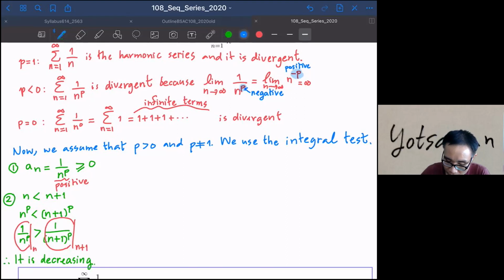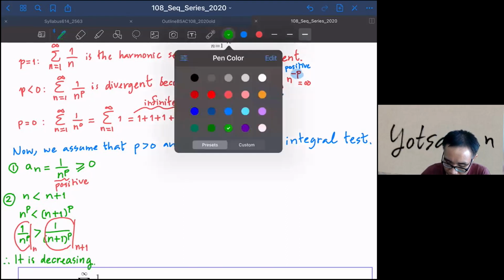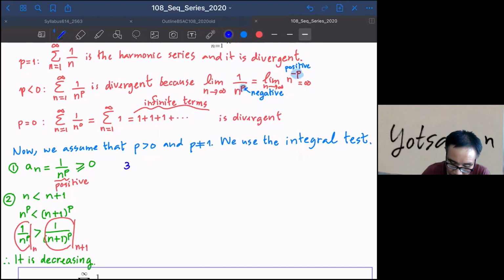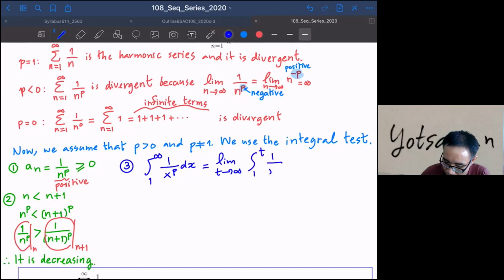The third step is you need to integrate. We're going to compute the integral from 1 to infinity of 1 over x to the p dx. This is the limit as t goes to infinity of the integral from 1 to t of 1 over x to the p dx.